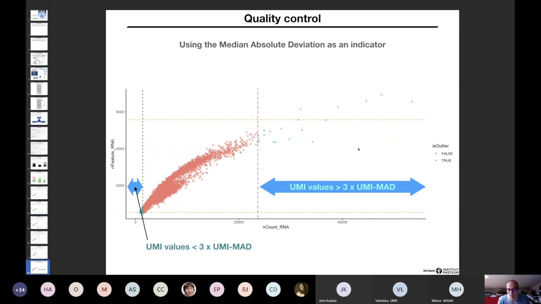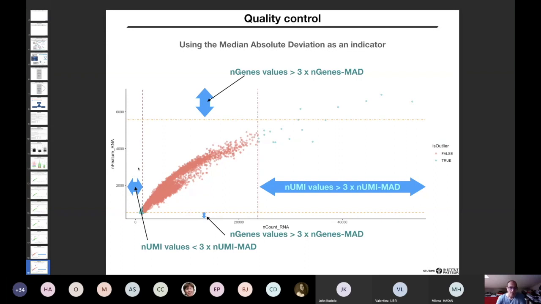This one are larger than 3 times the UMI MAD, and this one are 3 times lower. And you can do the same for the number of genes. And like that, you can select, in this rectangle, cells that are in an approximately good range for the number of UMI and the number of genes that you're going to select.